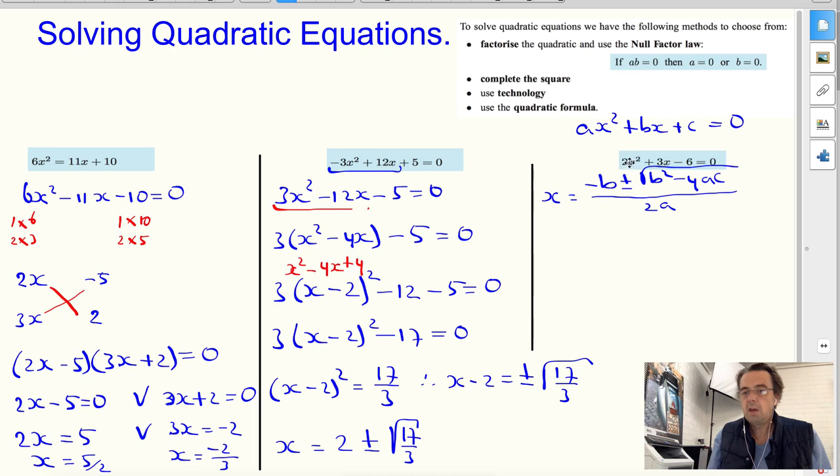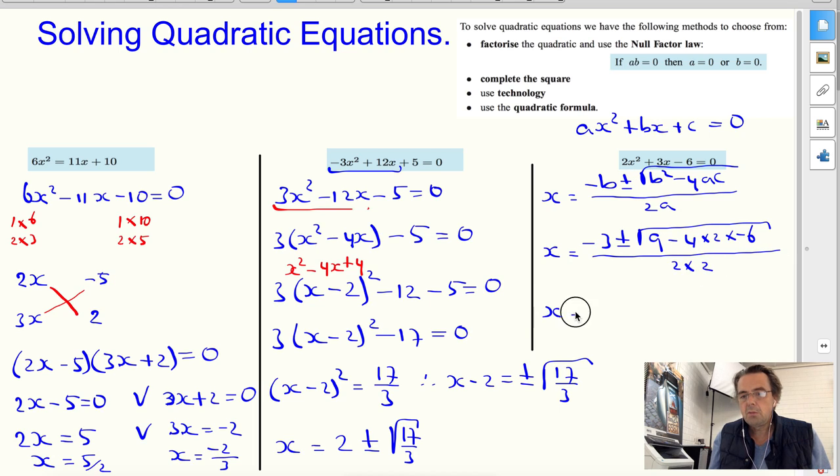In this case, a is a 2, b is a 3, c is a negative 6. So x is negative 3 plus or take the root of 9, b squared, 3 squared, take 4 times 2 times negative 6, over 2 times 2.